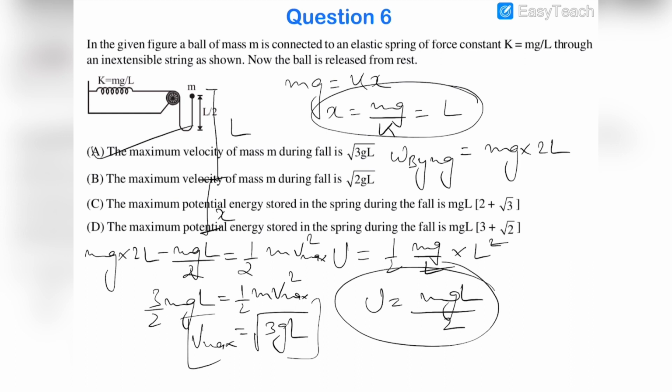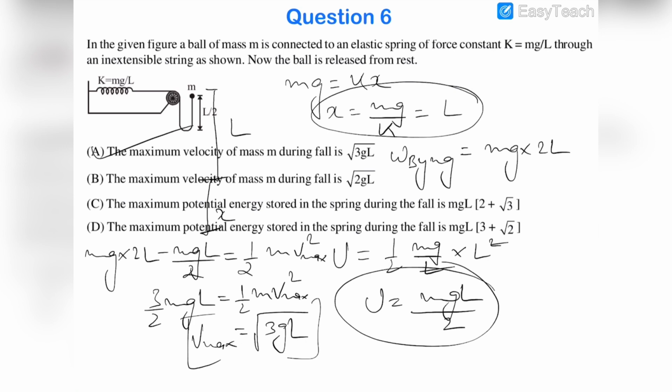Now, the maximum velocity of the mass m during the fall. So let us see that this is obviously A is correct, B is incorrect. The maximum potential energy is stored in the spring. Now you can easily imagine that at the moment when the ball would be at rest, the spring would be maximum stretched, and at that moment the energy stored in the spring would be maximum.